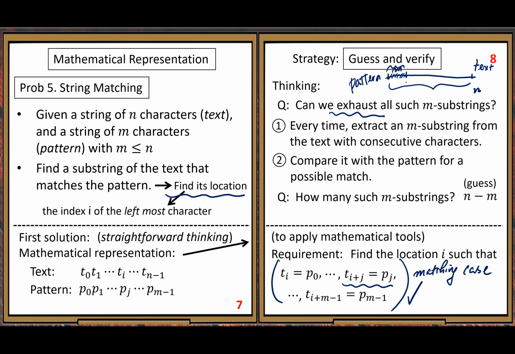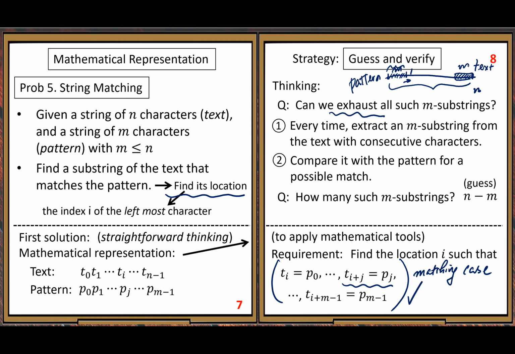Then every time you move one position to the right, until you reach the last M consecutive characters in the text of length N. And how many different steps can you move to reach the last M substring?